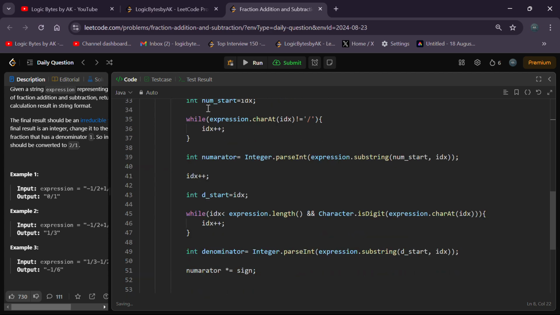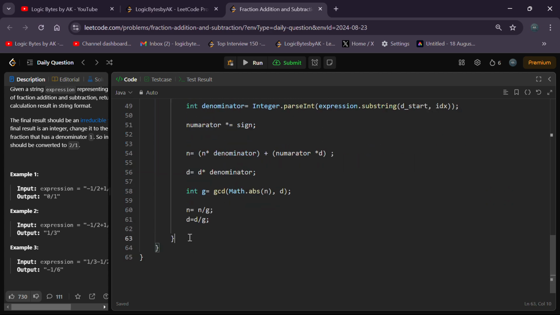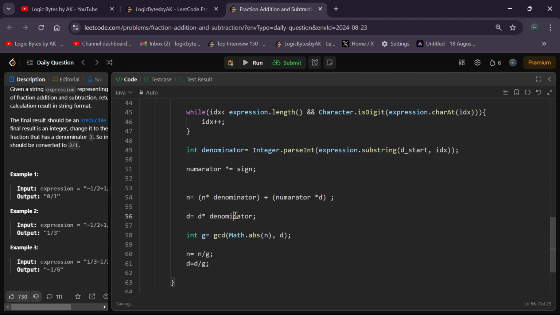So at last we have the calculated numerator and denominator, and we convert it into a string, append our slash symbol, and add the denominator.